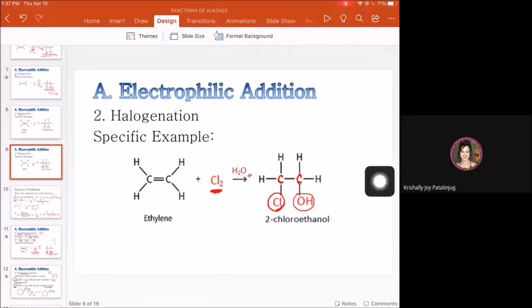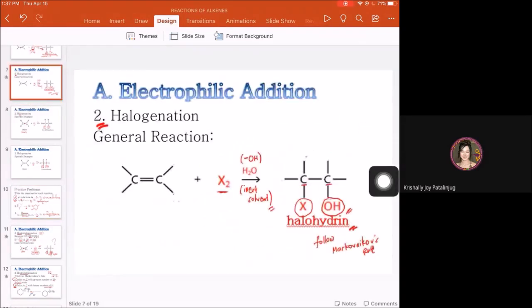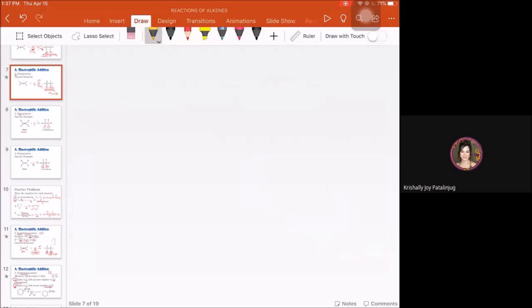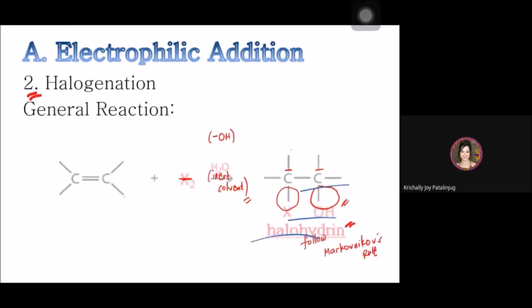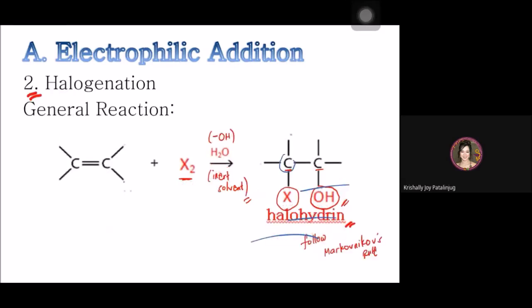Di ba, ingon ko kaganina, in this reaction, halogenation in the presence of water, if hindi equal yung number ng hydrogen for each double bond carbon, then you follow Markovnikov's rule.